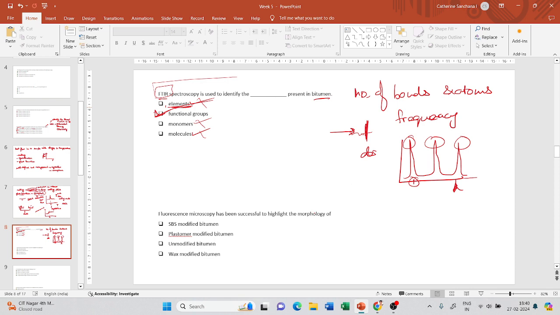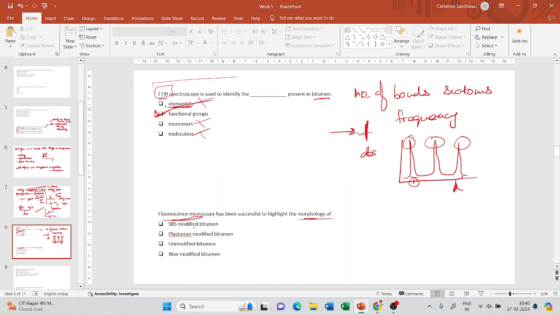There are very few techniques that could be used to study the morphology of bitumen, and one such technique is fluorescence microscopy.